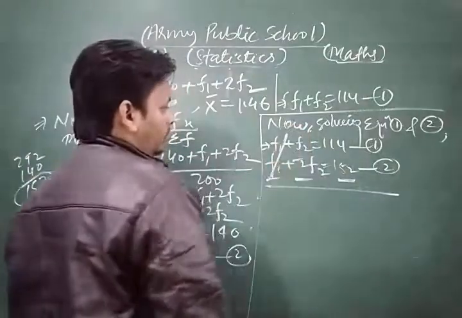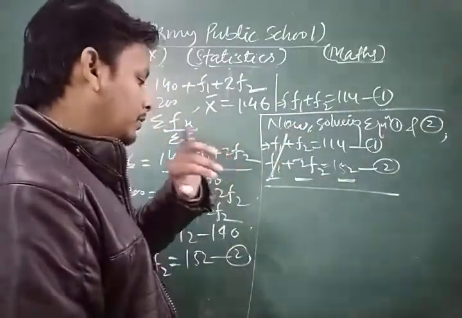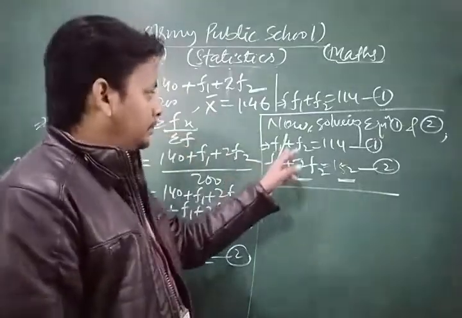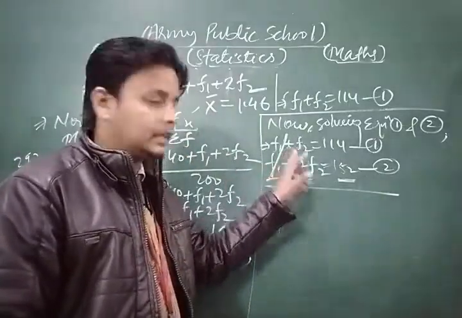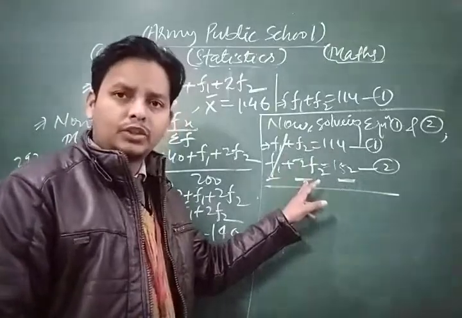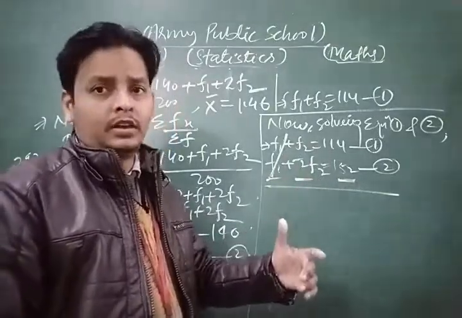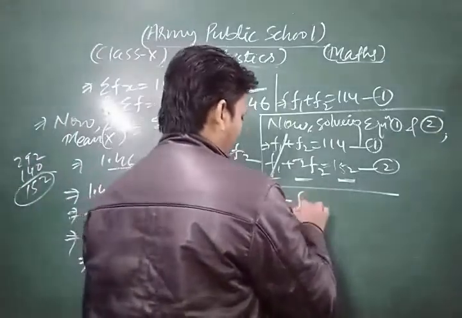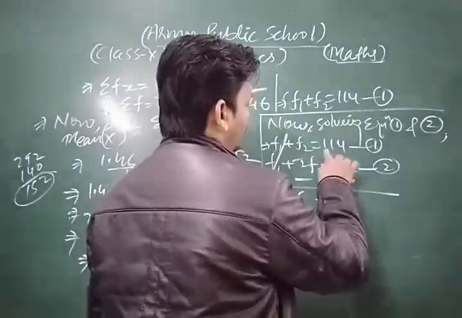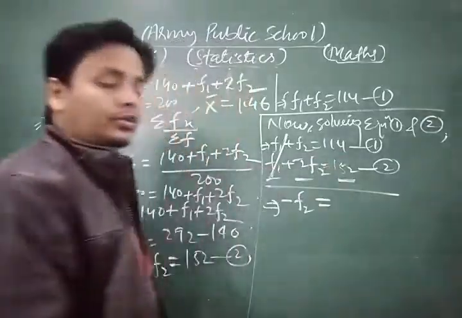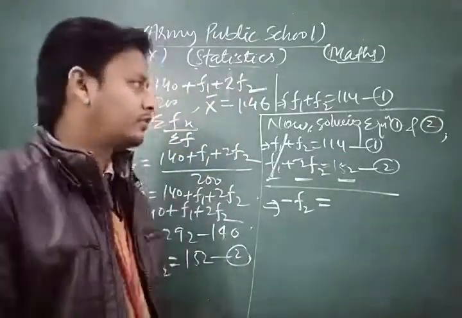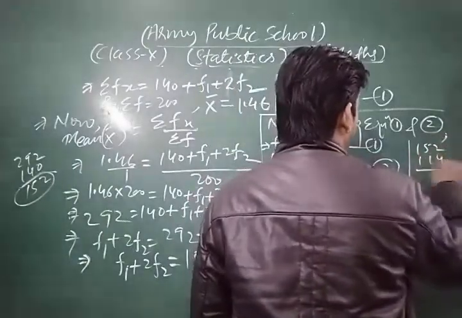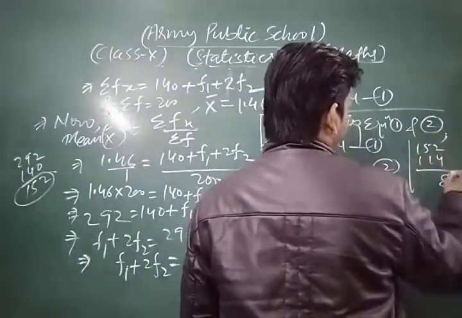Plus f2 minus 2f2 gives minus f2, equal to 114 minus 152. So 152 minus 114 is what?